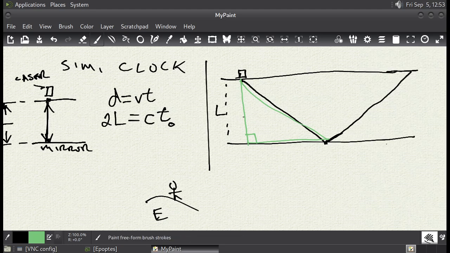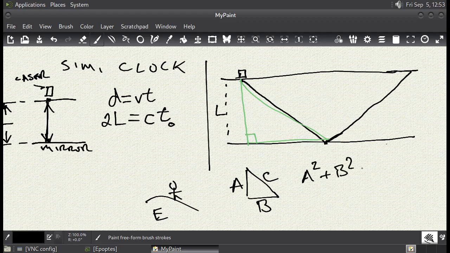Okay, we know one side is L. So if I draw a right angle triangle, let's just use math for a second. If I say a, b, c, then we know from Pythagoras that a squared plus b squared is equal to c squared, right? That's Pythagoras.